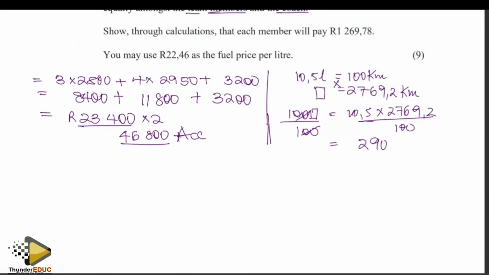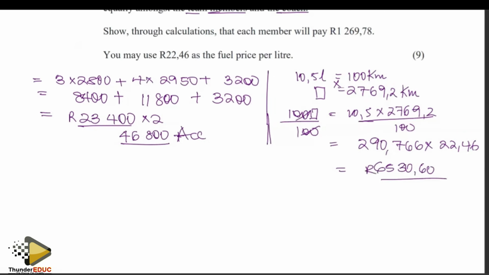So here we end up knowing how much petrol we need, which gives you 209 liters, and each is 200. So when you multiply this, you end up having 6,530,60.